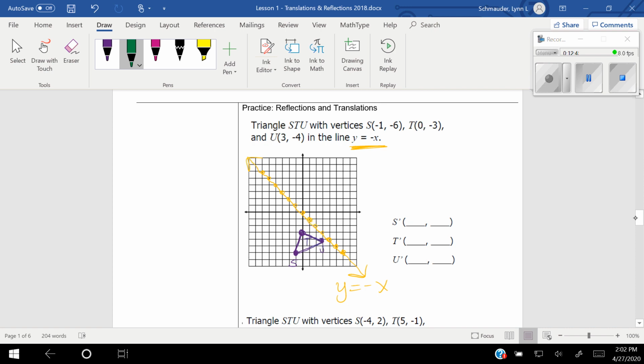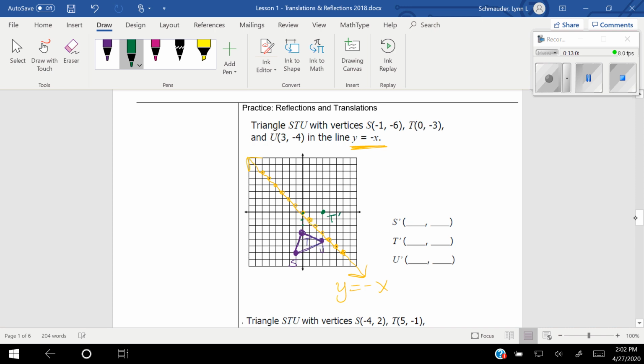If I go up, I got to go 1, 2, 3. I got to go up 3 units, right? 1, 2, 3 to get to that line. So if I do that, because the line that connects T and T prime has to be perpendicular to the line of reflection, then I'm going to have to go over 1, 2, 3 to find my T prime point, right?